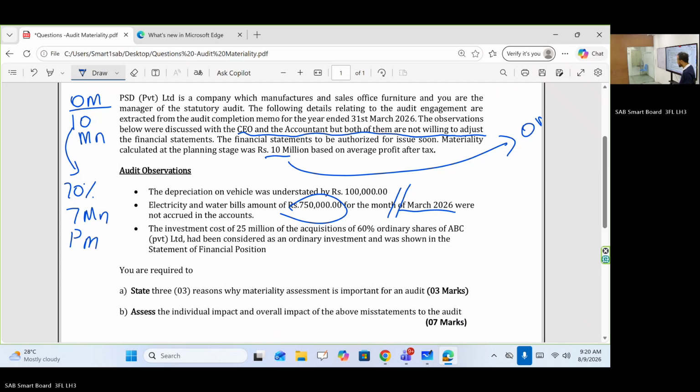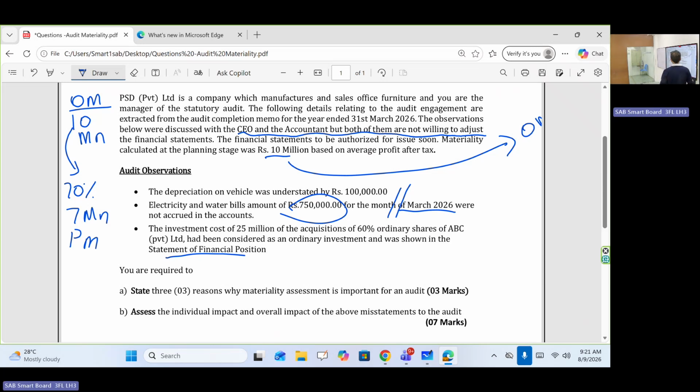Third one: the investment cost of 25 million for the acquisition of 60% of the ordinary shares of ABC Private Limited, which means the company has acquired 60% of the shareholding of ABC. It has been considered as an ordinary investment and shown in the statement of financial position. What's the problem?